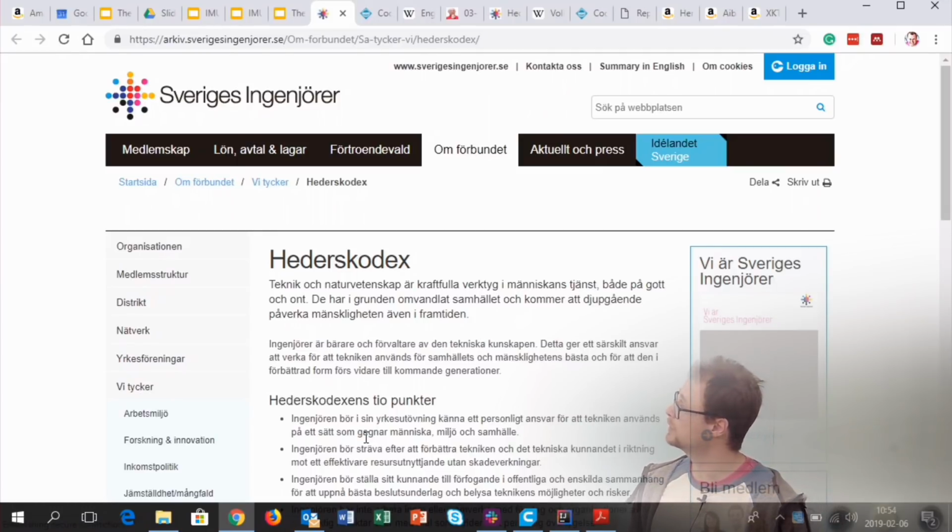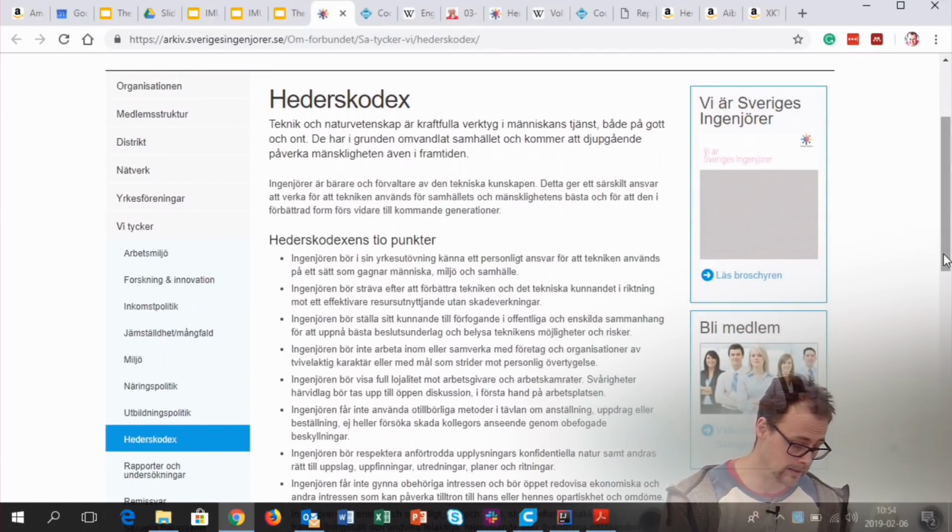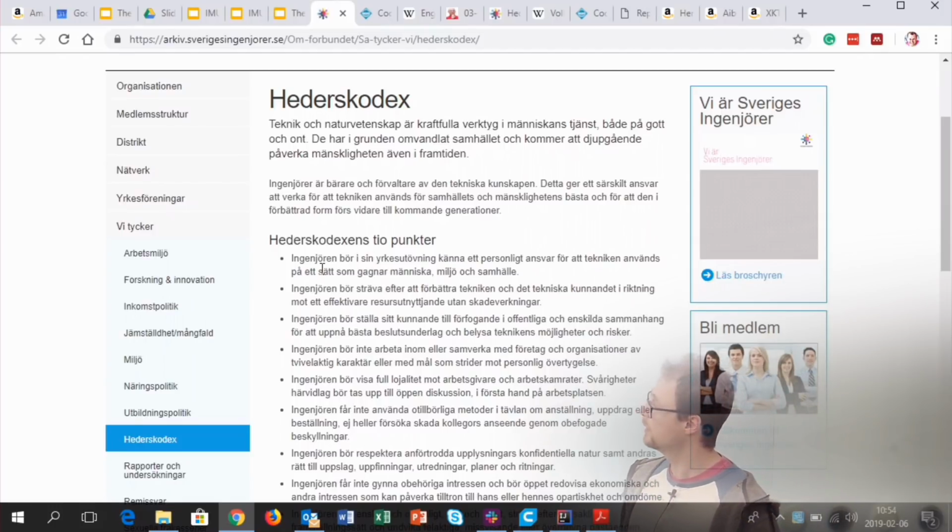And to go with a Swedish alternative, we have Swedish engineers, and they have an honorary codex with 10 points. And again, you should feel a personal responsibility so that technology is used in a way that benefits humans, environment, and society. So it's not all about if statements and for loops.